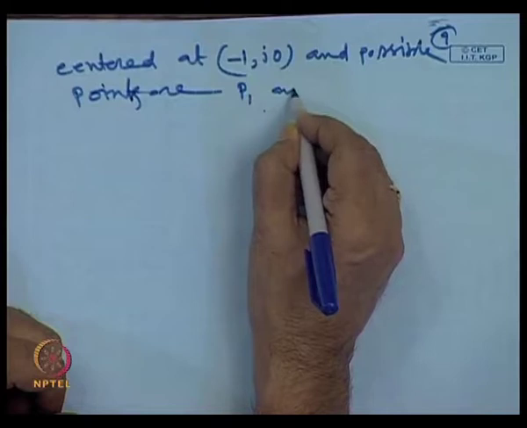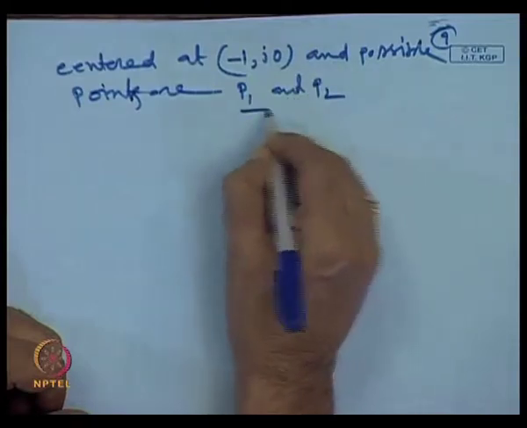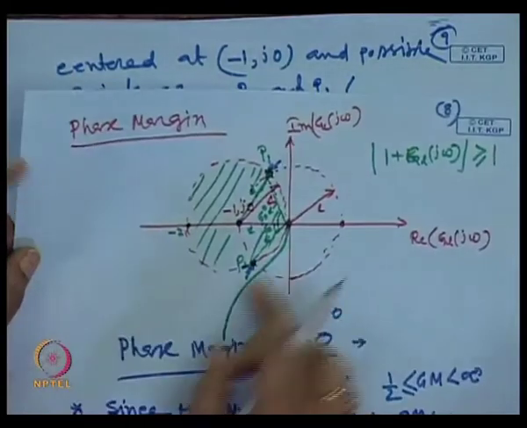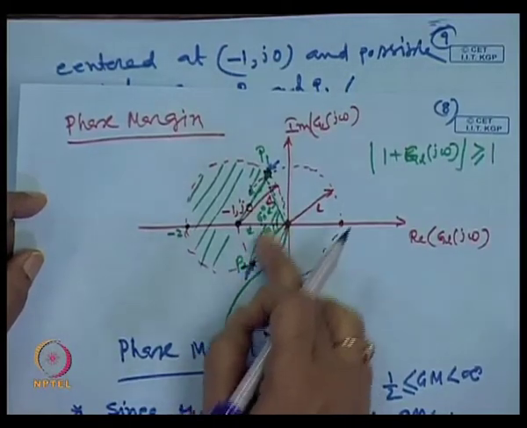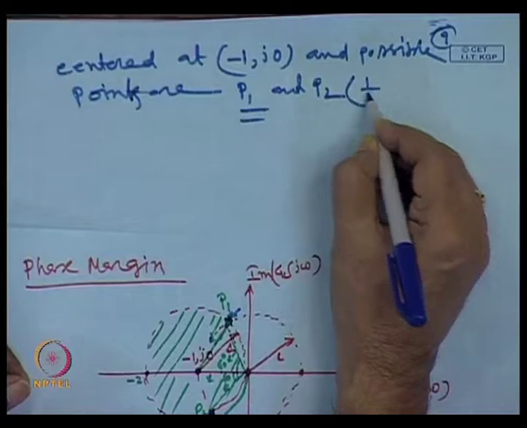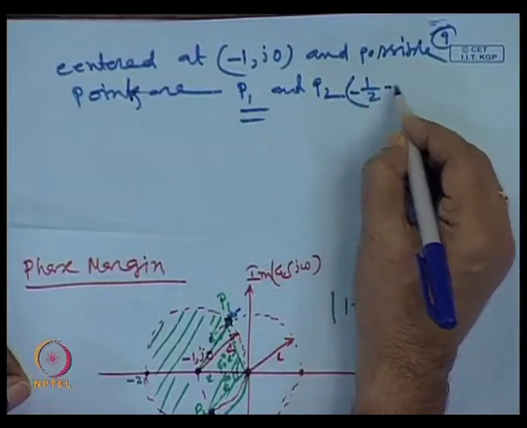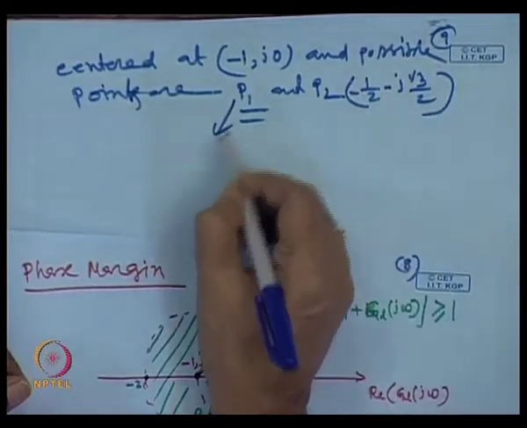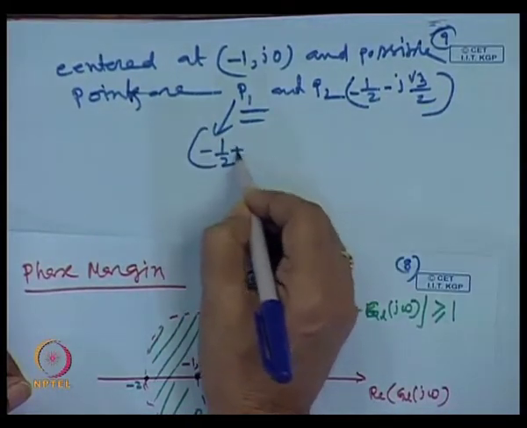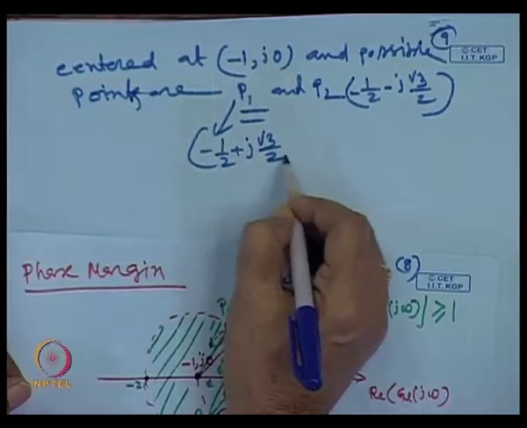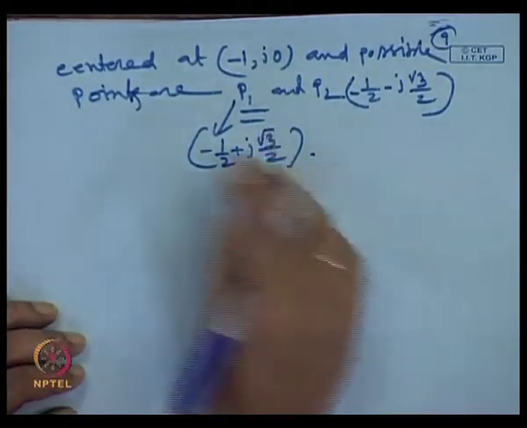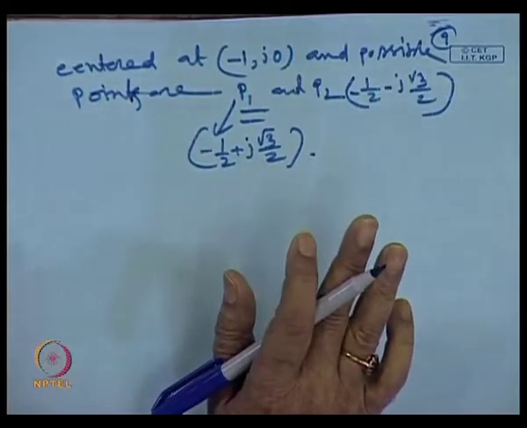If you see, P2 is at 60 degrees. So, the coordinate of P1 is minus half minus j root 3 by 2, and the coordinate of P2 is minus half plus j root 3 by 2. So, this is our ultimate conclusion.